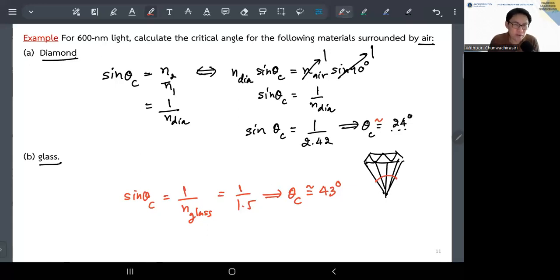You don't have any other angles of the diamond, because the reason this shape is chosen for most diamonds is that it's optimized for that critical angle. That's why you call it a diamond shape. It's unique because of that critical angle right there. So you can come up with the same exact shape of the diamond but made out of glass, and you won't get the shininess or the sparkle that the diamond has.